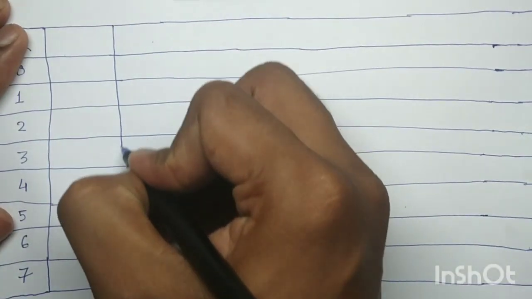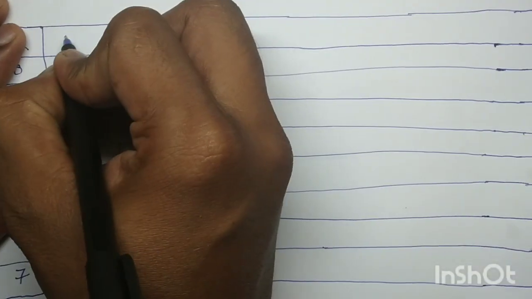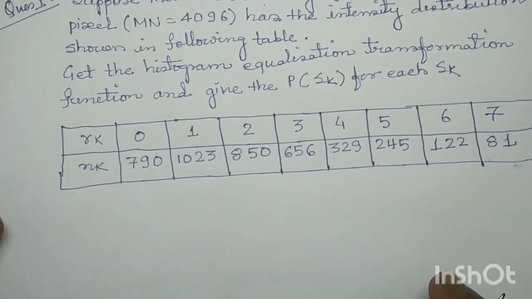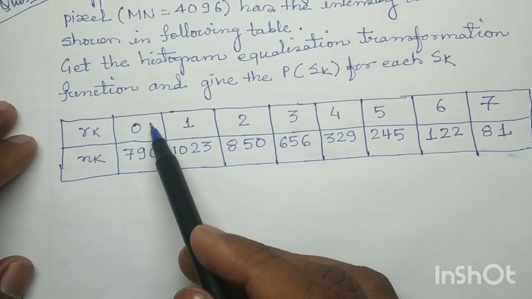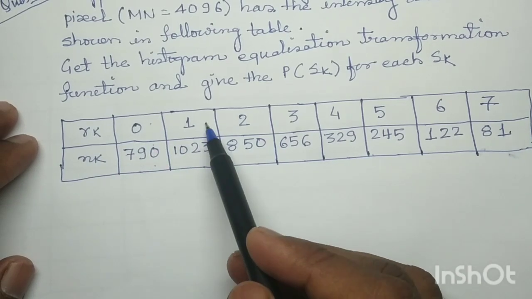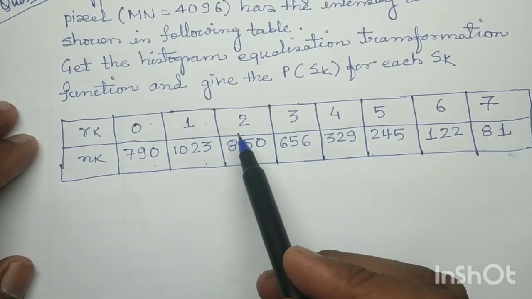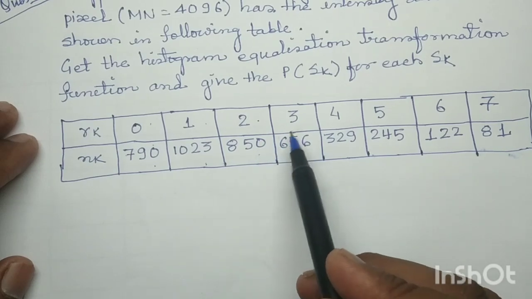In the next column you have to mention the number of occurrences of each gray level, that is the number of counts. So nk in the question is given. For 0 gray level it is 790, for 1 gray level it is 1023, for second gray level it is 850, and so on.